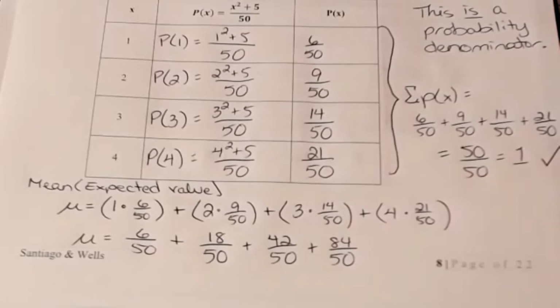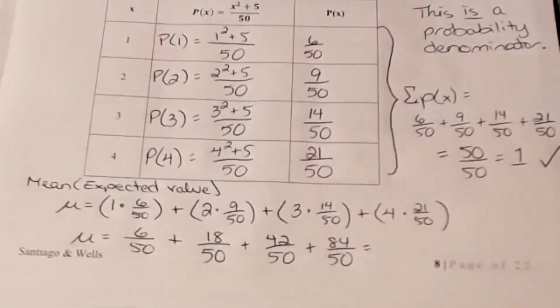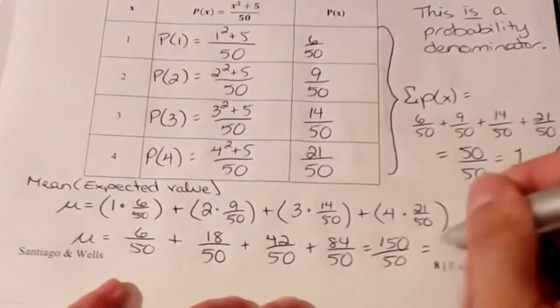Now to find the mean, all we have to do is add those 4 values up. So we add these 4 fractions. What does it give us? 150 over 50. Yeah, 150 out of 50. Do the math. What do we get? 3. Perfect.